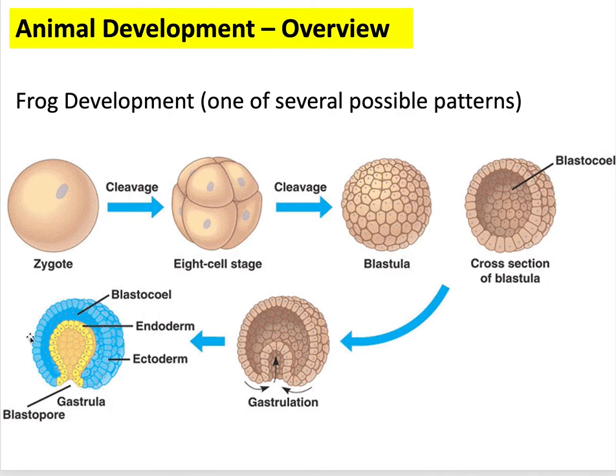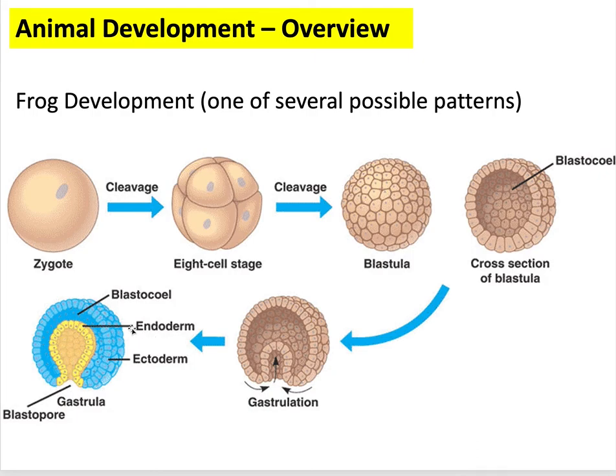All right, so then we go to the next step, which is called gastrulation, where the gastrula is developed. The process is gastrulation. The product is a gastrula, and the gastrula produced from this process gives rise to something that's a pretty big deal. First, we have an opening, which in humans becomes the anus.